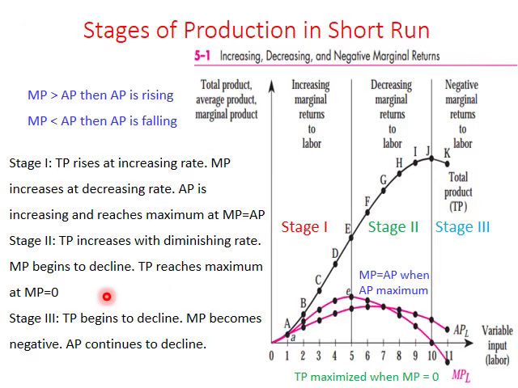And in stage 3, total product begins to decline because marginal product starts to become negative. So total product starts to decline, and marginal product becomes negative. And average product continues to decline, because the total product also starts to decline. Here, there are negative marginal returns.